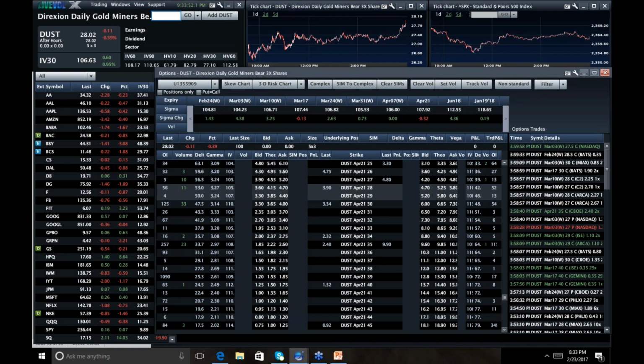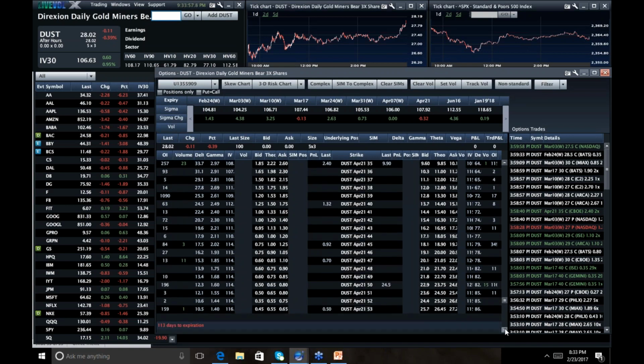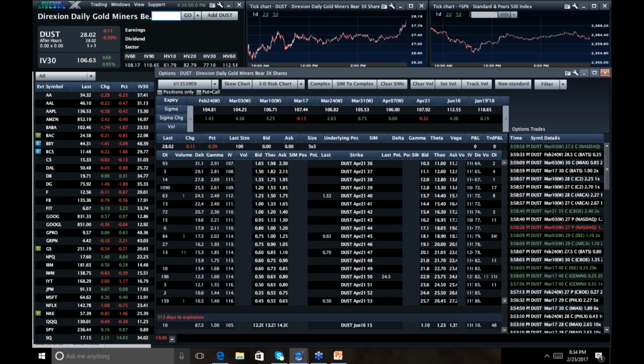So I would look at this, and if I go out to April with this high implied volatility, check this out. I mean, I can sell the 45. Man, this is a decent condor.